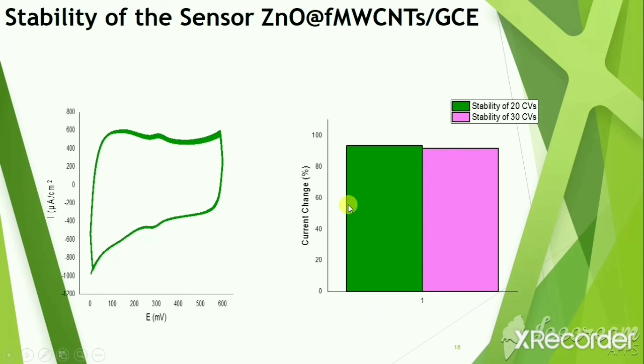To check the stability of the sensor, we did 30 successive CVs. Let's focus on 30, because as you can see, it was stable over 20 CVs compared with 30 CVs, and here the stability was around 91%. So we can say that our sensor is stable.